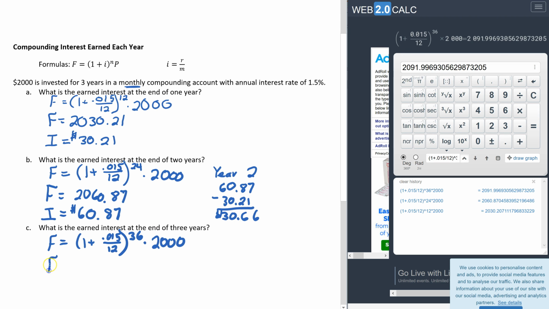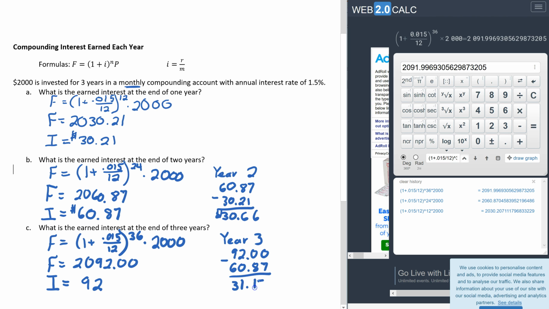The future value at the end of 3 years is $2,092.13. The interest earned after 3 years is $92.13. The interest earned in only year 3 is $92.13 minus the interest earned by the end of year 2, which is $31.13.